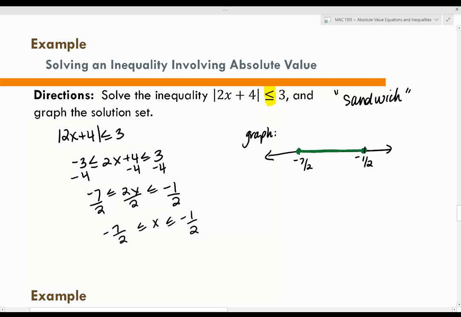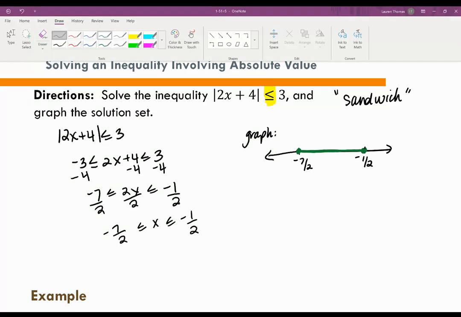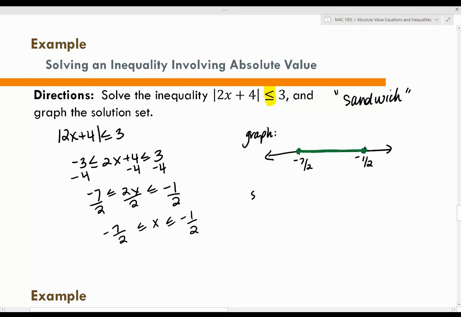Cool. All right. So that's the graph. The next notation that I'm going to use, remember, is set builder. Okay, when you start with set builder, you're going to put a brace. My variable is x, all x such that x falls in between negative 7 over 2 and negative 1 over 2.